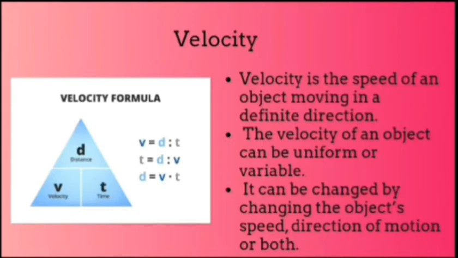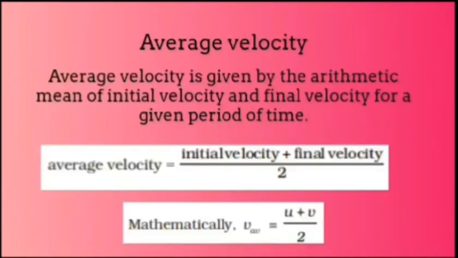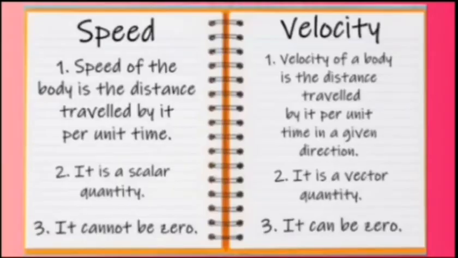It can be changed by changing the object's speed, direction, or both. Average velocity. Average velocity is given by the arithmetic mean of initial velocity and final velocity for a given period of time. That is, average velocity is equal to initial plus final velocity divided by 2, that is, u plus v divided by 2.